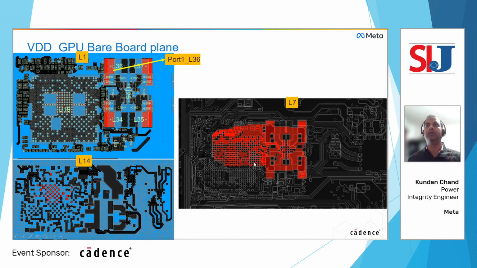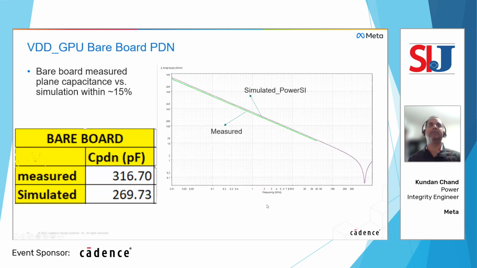That's how the plane is extending, and this is the SOC boundary. And this is the bottom, layer 14, where you can see the capacitors at the back side of the SOC. This was our bare board, and we probed at a couple of locations to get the bare board plane capacitance. Next, we can see the results.